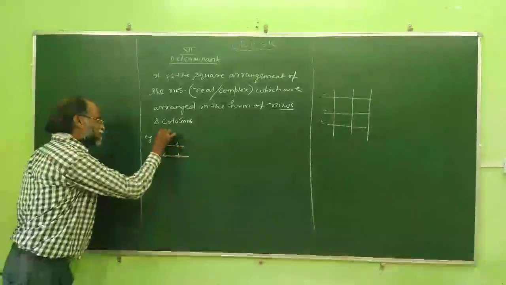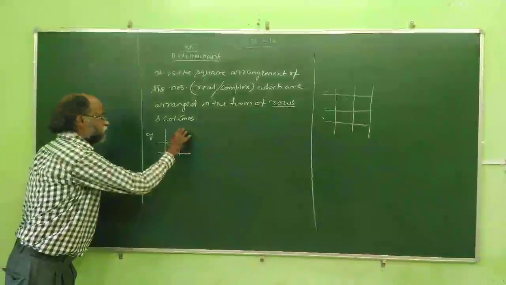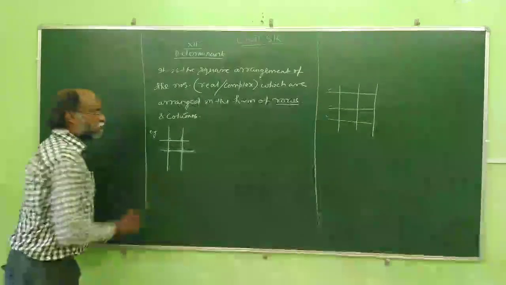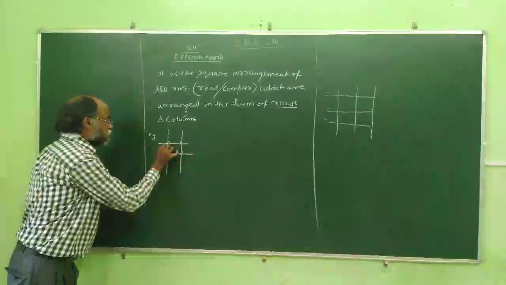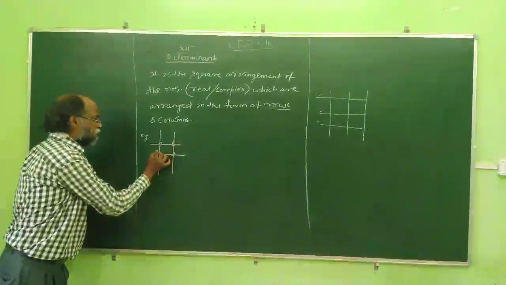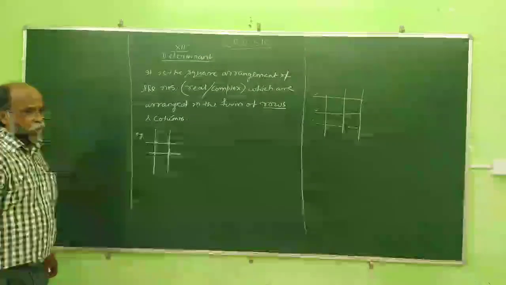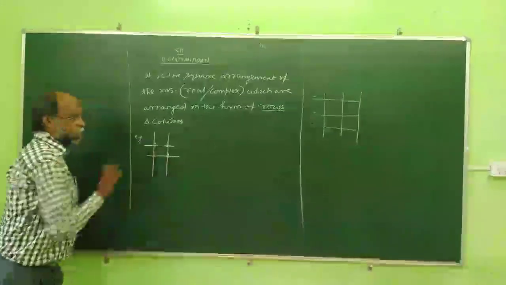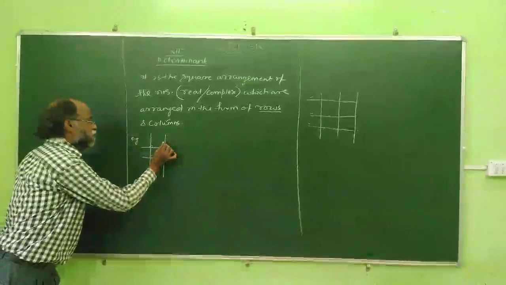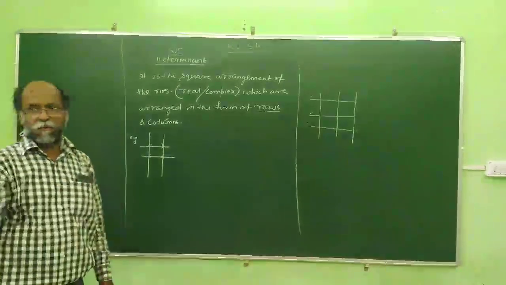Through these letters you have to draw the line. It is one vertical line. It is another vertical line. How many vertical lines are there? 2. How many horizontal lines are there? 2. Already I have told you, horizontal lines are called rows. Vertical lines are called columns. So here number of rows is 2 and number of columns is 2. That's why this arrangement is called square arrangement.